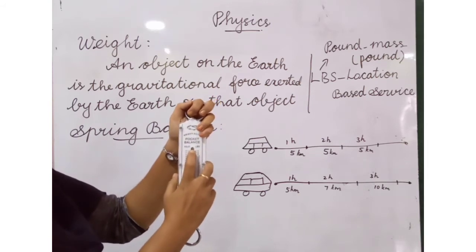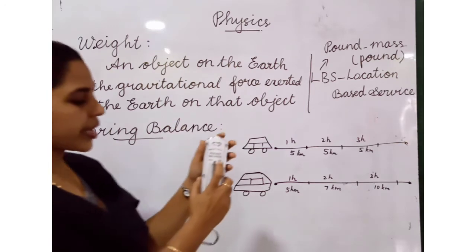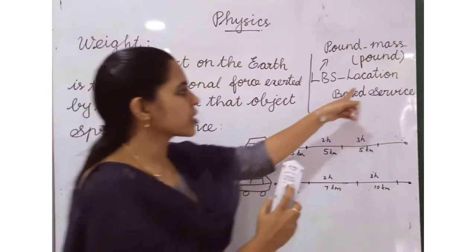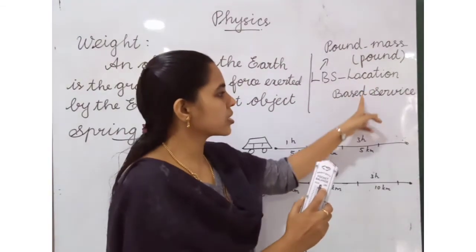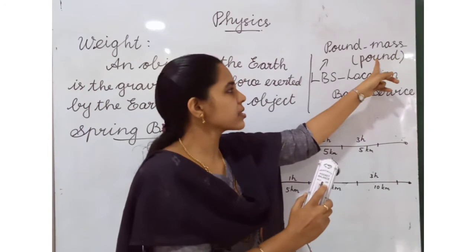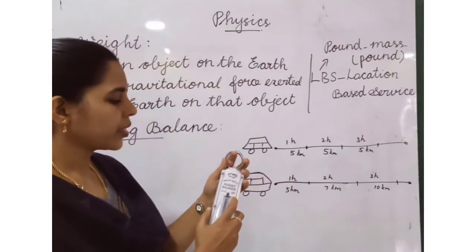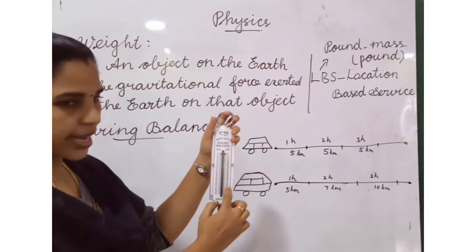This is 0. Here is kilogram, here is LBS. LBS means pound mass or pound. This is the scale of kilo, this is the LBS.